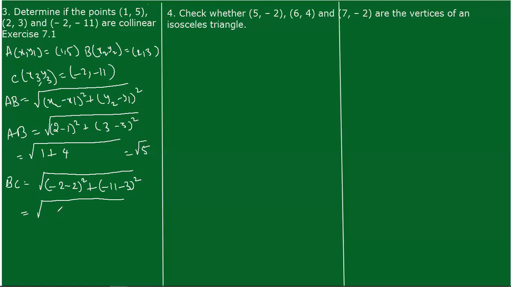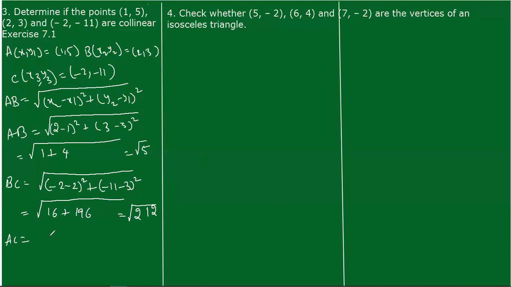Minus 2 minus 2 is minus 4, minus 4 whole square is 16, and minus 11 minus 3 is minus 14, minus 14 whole square is 196. Now we add 196 and 16, which gives under root of 212.